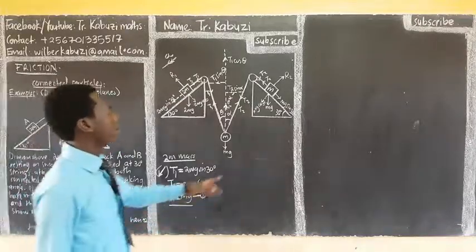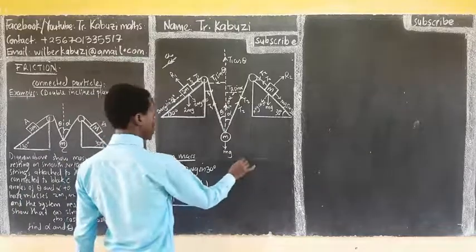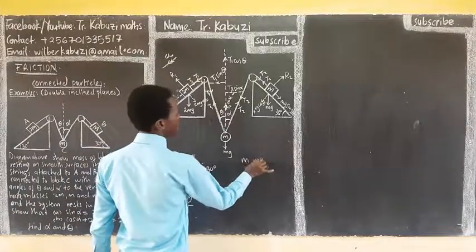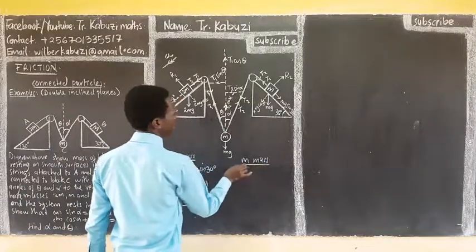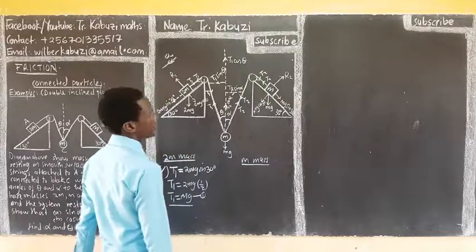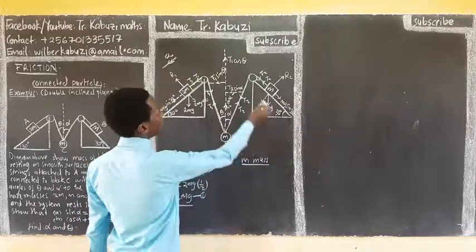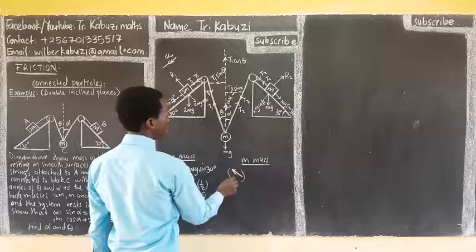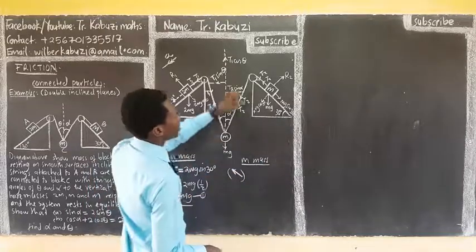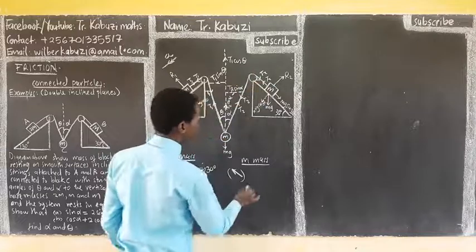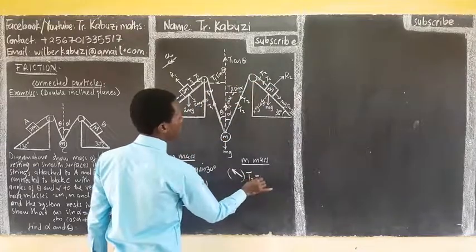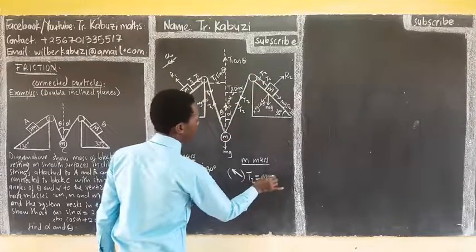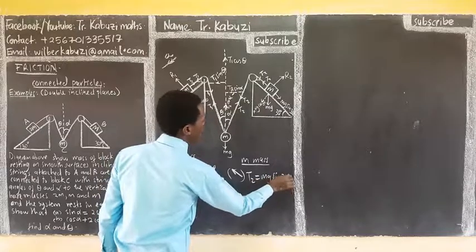So now when we come to the m mass, we have no friction because all surfaces are smooth. So for the m mass, if we consider force along the plane like this, because there is no acceleration, this is equal to this. So T2 will be equal to mg sine 30 degrees.